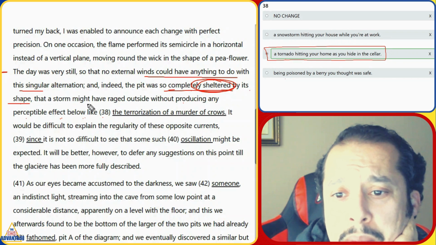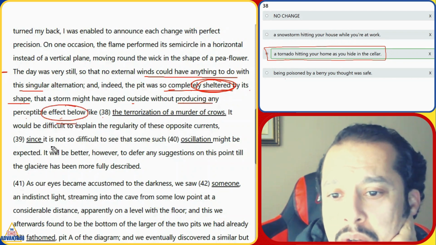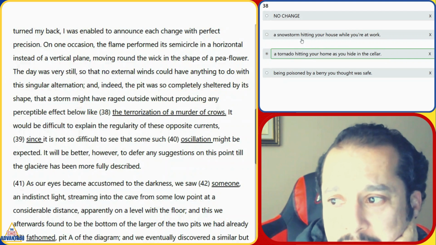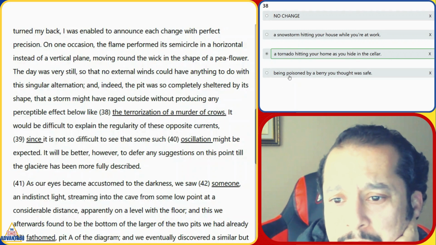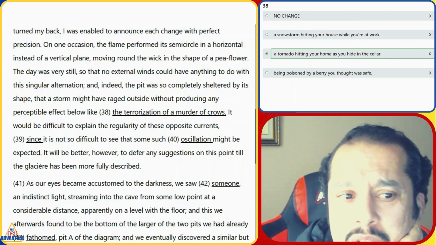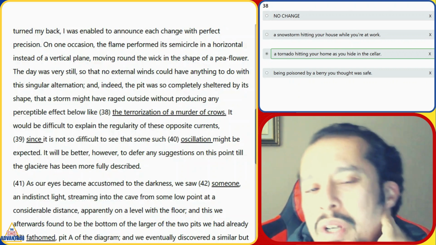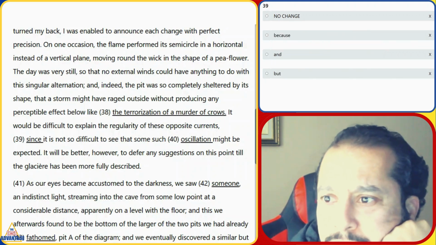The storm might have raged outside without producing any effect below. Also, so you're below something. So I like answer A the best. It's a bit weird though, honestly. D indicates danger. A indicates being scared. B, a snowstorm hitting your house while you're at work doesn't indicate your safety or being below something.